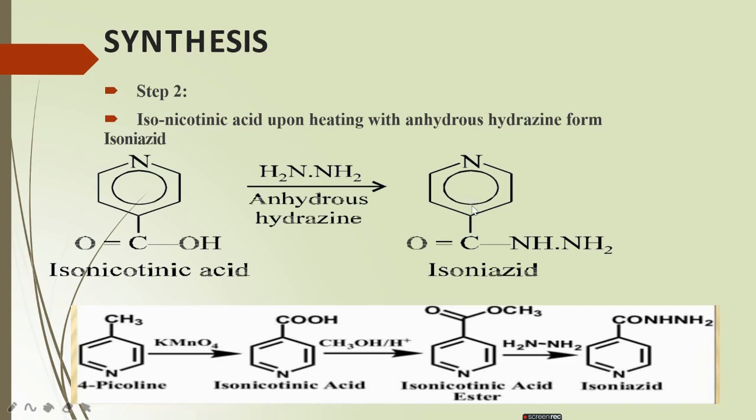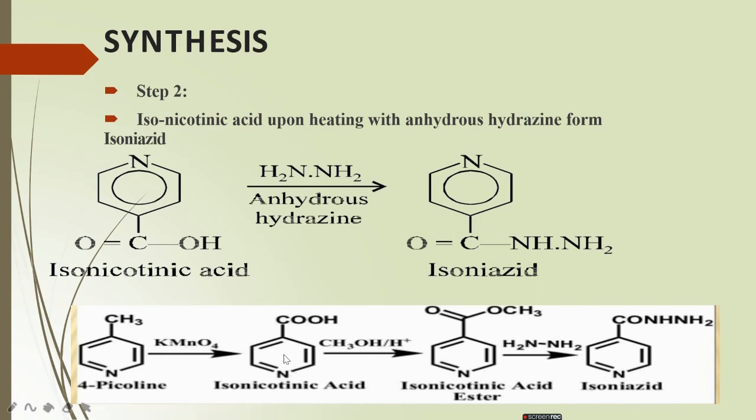So this is the basic structure of isoniazide. It consists of a pyridine ring and a carboxhydrazide group, or you can say a ketone with hydrazine NH2. This is the complete reaction mechanism. In the first step, 4-methyl pyridine, also called 4-picoline, is treated with potassium permanganate, that is, an oxidation reaction occurs.